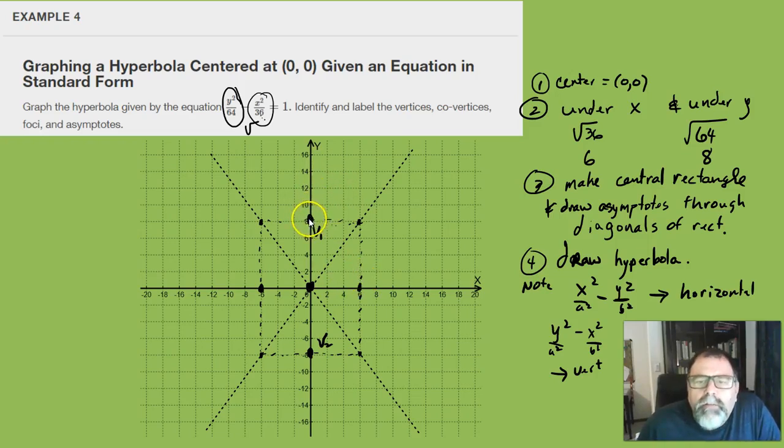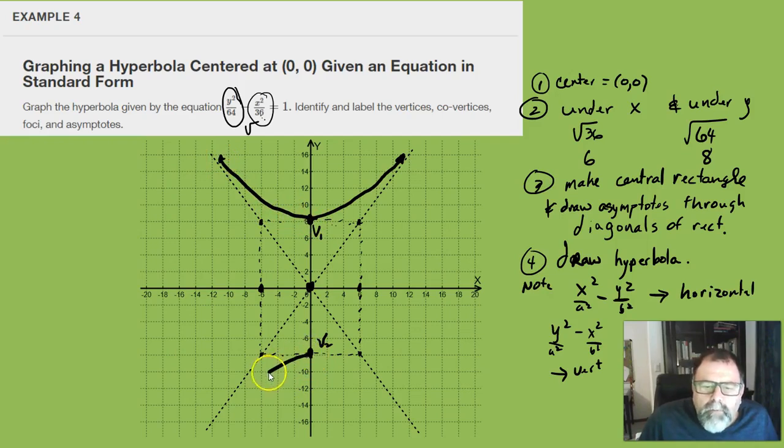So what I do is I go to vertex 1 and I just make a curve. We're just sketching, and I try to make a nice curve out to the asymptotes, and then curve it down. And then I do it on the other one, vertex 2.